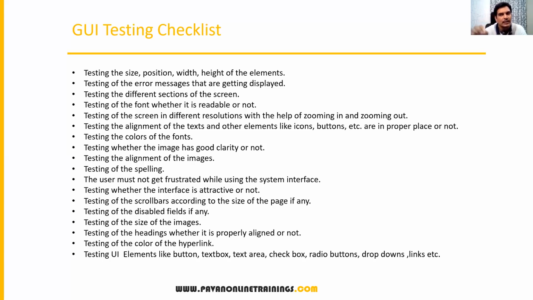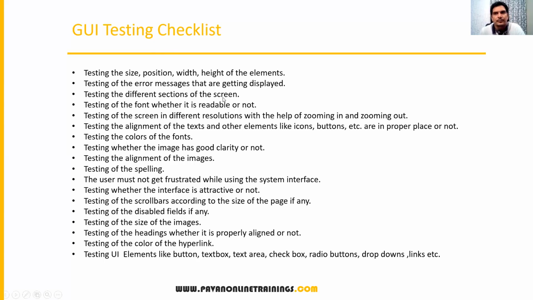And if you enter more than 8 characters, or if you enter some special characters in that box, that element or UI should be able to display an error message, intimating you that the text box will not allow more than 8 characters. Those types of messages we have to validate in the UI part.